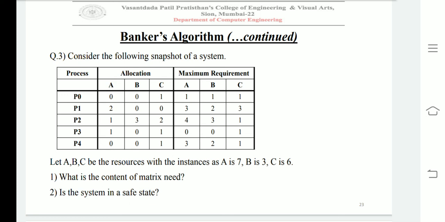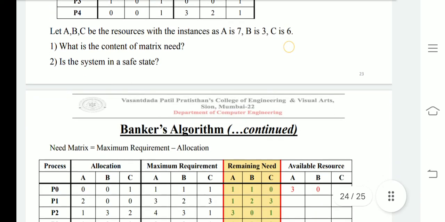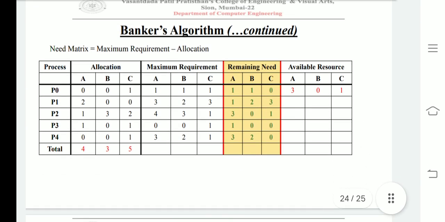Again we need to find out the need matrix and whether the system is in a safe state or not. So we will find out the need matrix using the particular formula. Before that we need to find out the available resource. So where has this value 3, 0, 1 come from?